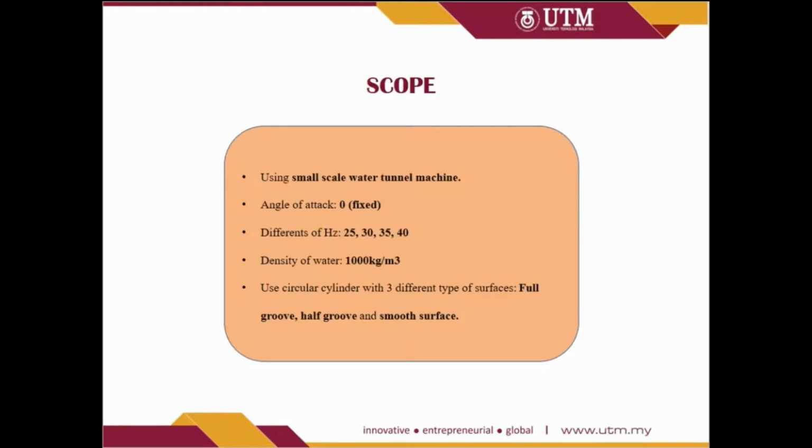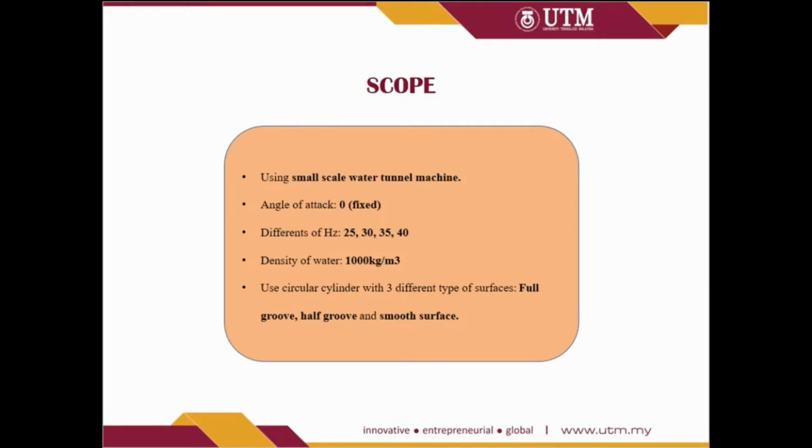The scope of this project is to use a small-scale water tunnel machine located at Fluid Laboratory 1, UTM. The angle of attack is 0 degrees due to the symmetrical cylinders. We will use 4 different selected motor pump frequencies: 25 Hz, 30 Hz, 35 Hz, and 40 Hz.